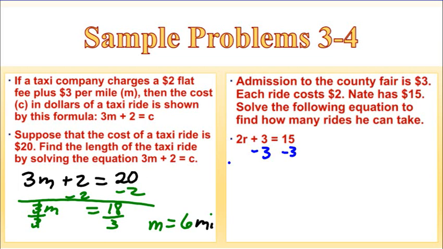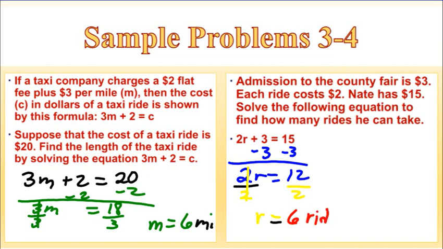I do that on both sides, and I get 2r equals 12. To get r by itself, divide by 2 on both sides. 2 divided by 2 is 1, so all I have is r. 12 divided by 2 is 6. So they can go on 6 rides.